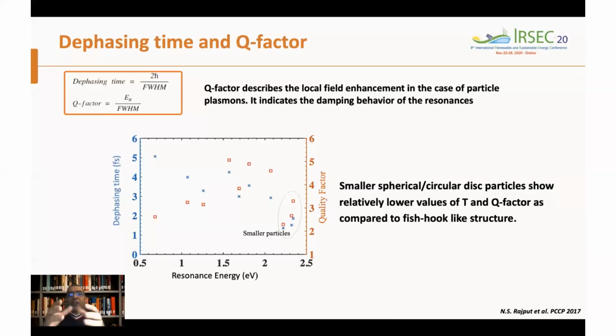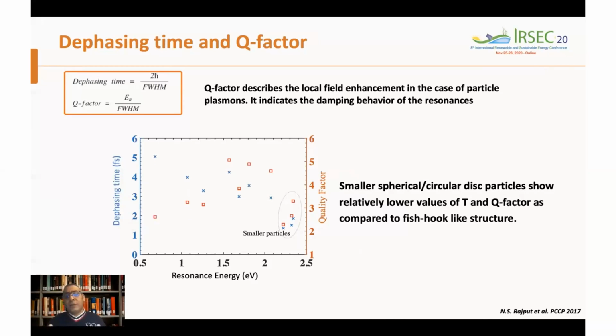That is, how strong an electric field we are producing at the interface between the gold and the titanium dioxide. This field is related to electron movement and oscillations. We can show that the Q factor we produce with our fish hook-like shape is very, very high, even compared to nanoparticles as described in the literature.